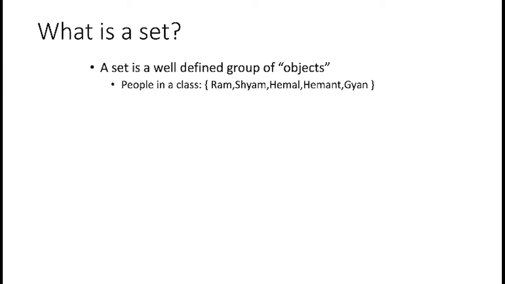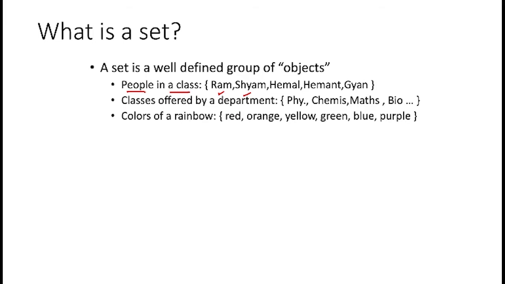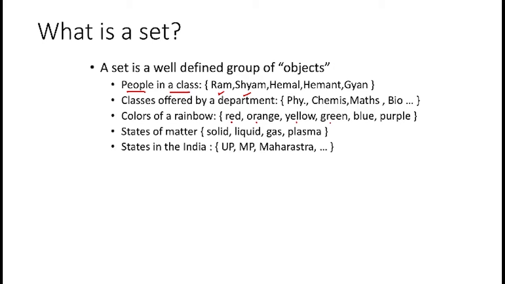Like, first we can take the example of people in a class: Ram, Shyam, and so on. The particular names are there, right? Like classes offered by a department, whether it's physics, chemistry, mathematics, biology, or anything. Colors of a rainbow, that's very fixed. We know red, orange, yellow, green, blue, and so on. The states of matter, states in India, right?